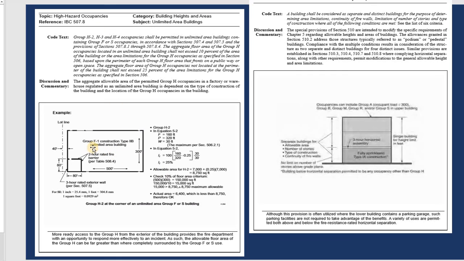This one, for example, you see roof F, construction type 2B, and the limit for the height is 300 feet. They say unlimited area building. That means you can make it as big as you like, but the height of the building is limited. And after that, the interior wall, you need a 2-hour fire rated barrier. If you open code 508.4 table, you can see that they have the limit of 2 hours for the interior wall, and the spanning distance they have is 500.